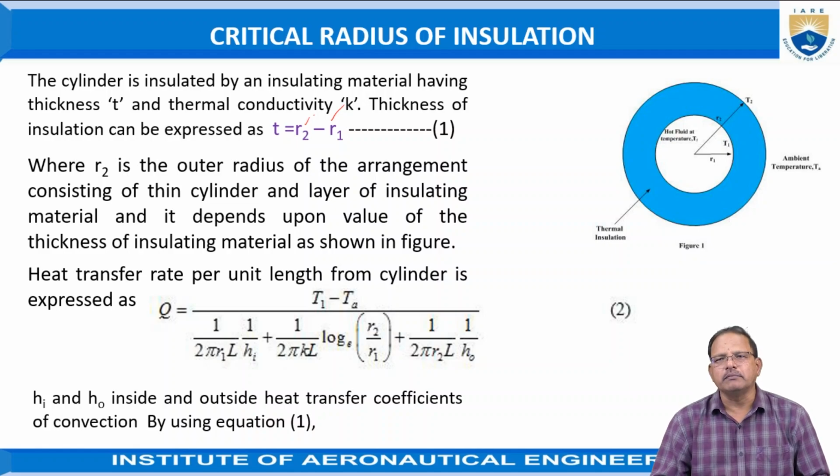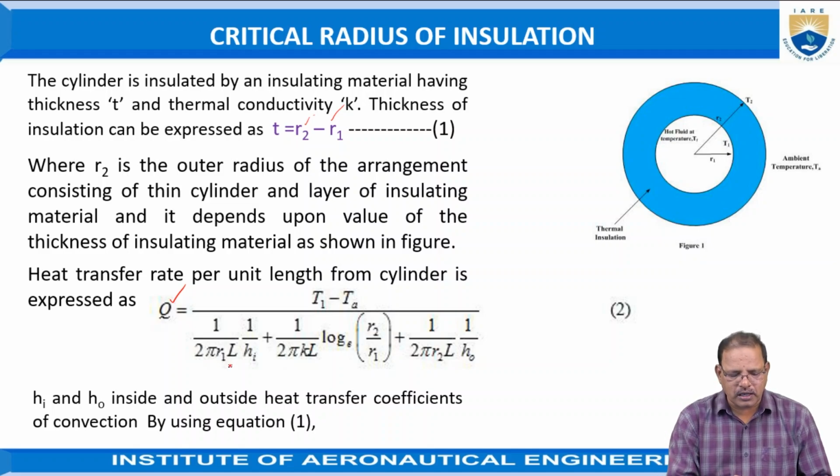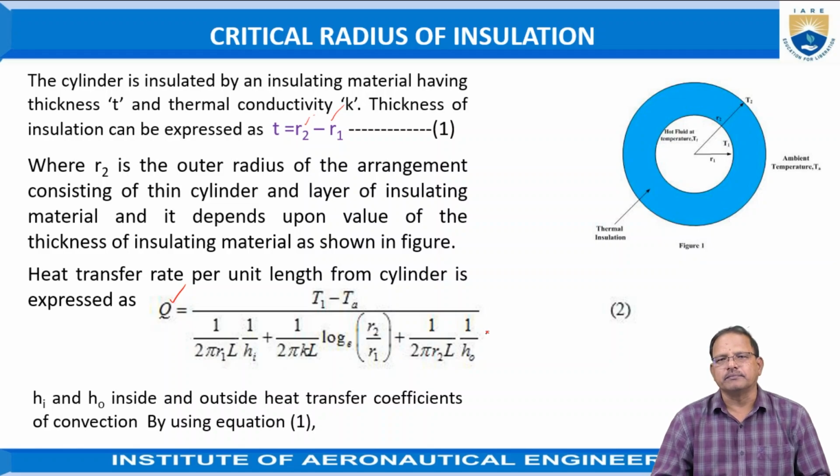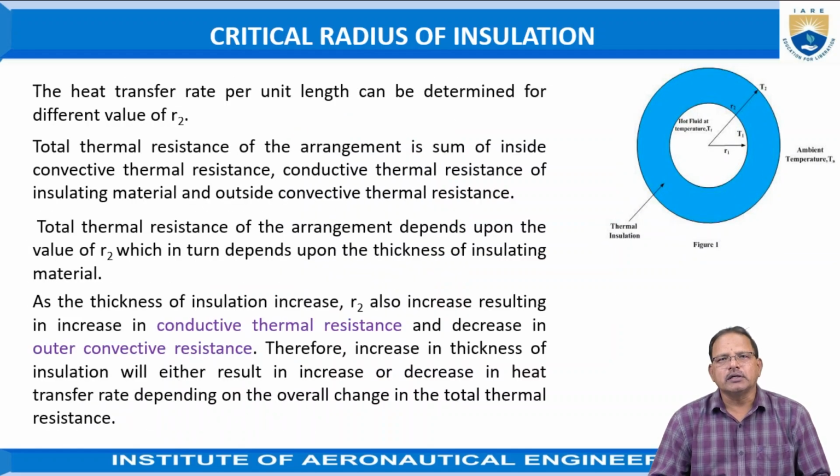Combined, it can be written as Q equals (T1 minus T infinity) divided by [1/(2 pi R1 L hi) plus (1/(2 pi K L)) ln(R2/R1) plus 1/(2 pi R2 L h0)]. Here hi and h0 represent the heat transfer coefficients of the convection process, which are used in equation 2.